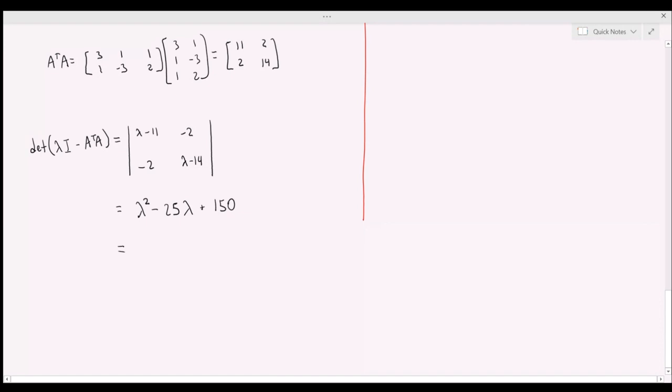And then let's see here, if I want to factor that, I think minus 30 and plus 5. No, that doesn't work, does it? Because that would be minus 150. Oh, but this was minus? No, it was plus. Okay, so that doesn't work. Let me see here.